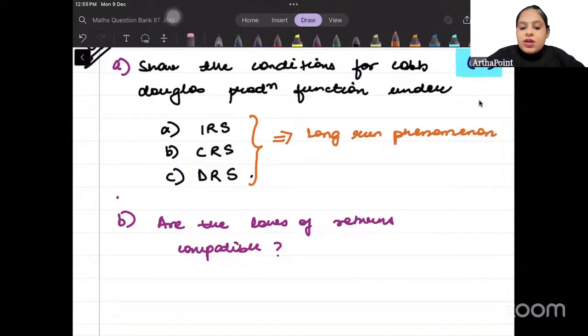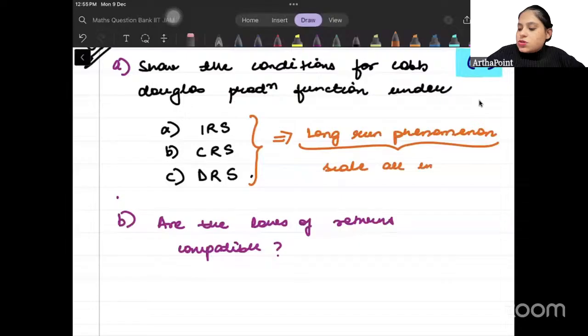Long run phenomena means we are able to scale all inputs. That means we are able to scale labor also and capital also. Then it can be called returns to scale. That's the first part of the question.